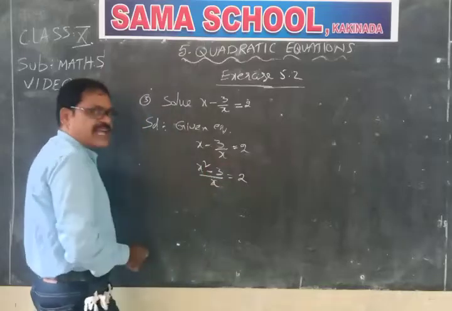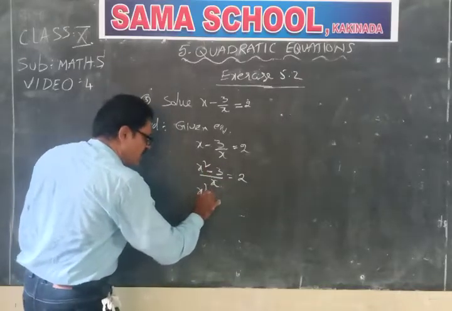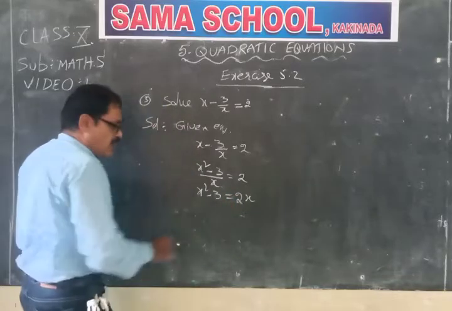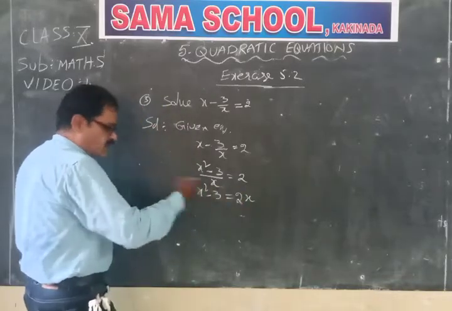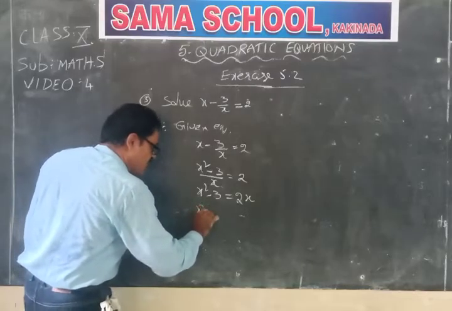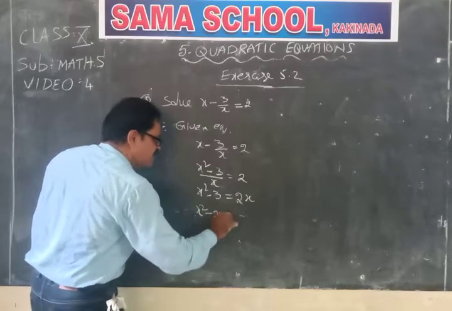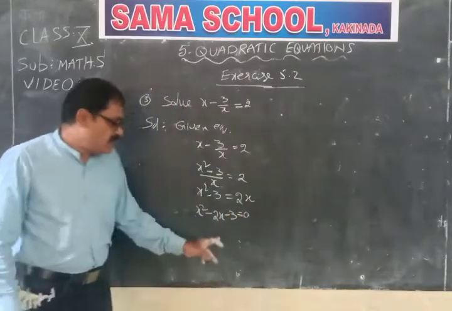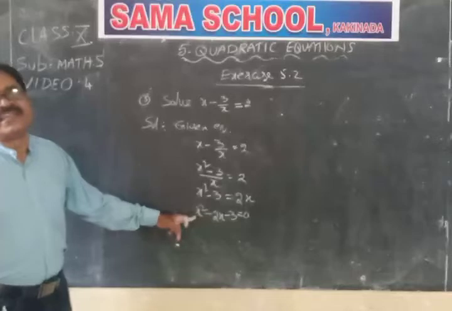Cross multiplying, x square minus 3 is equal to 2x, and 2x becomes minus 2x when you transpose from the LHS. So x square minus 2x minus 3 is equal to 0. Now this is the form of a quadratic equation.